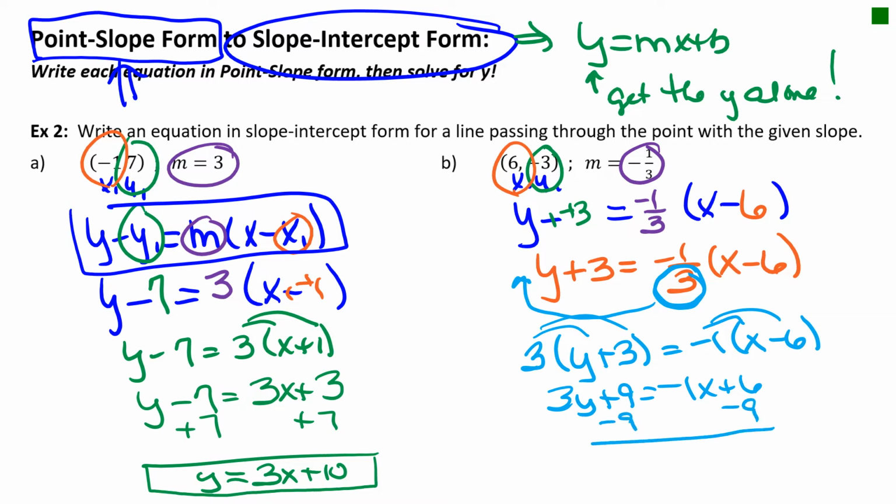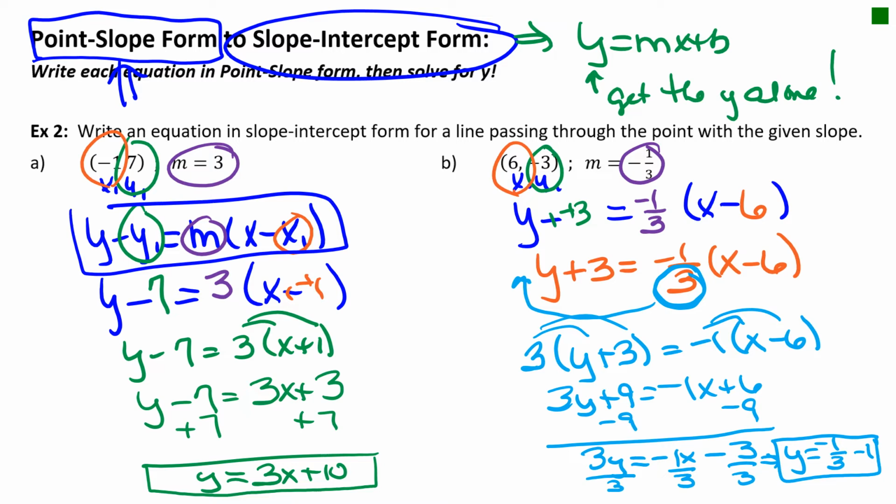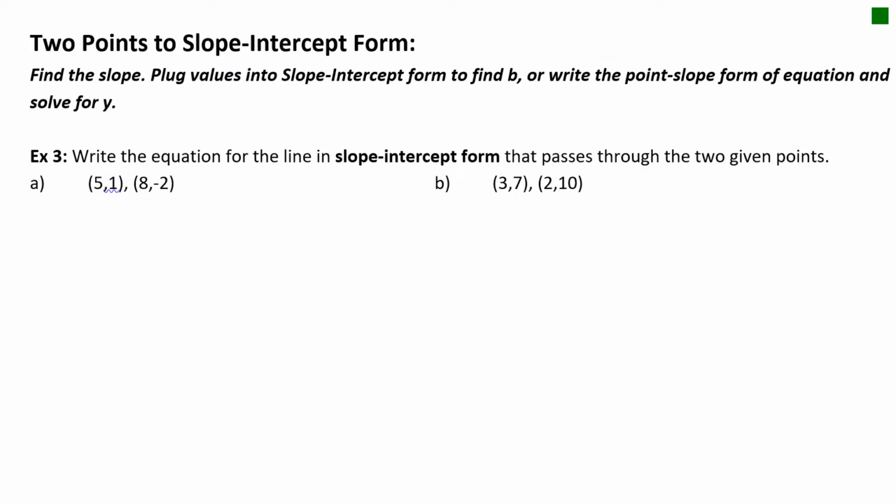Subtract the 9. 3y equals negative 1x minus 3, and then divide by 3. So your final answer is y equals negative 1/3 x minus 1. That's horrible. So if you are not Mrs. Evans' student, you might do this a little differently. You might just distribute right here.